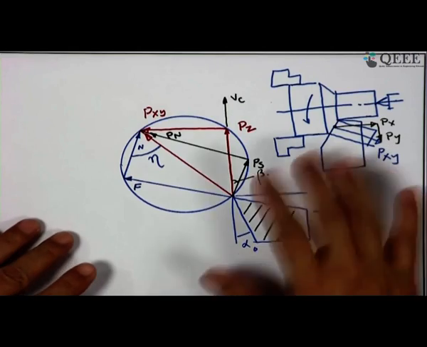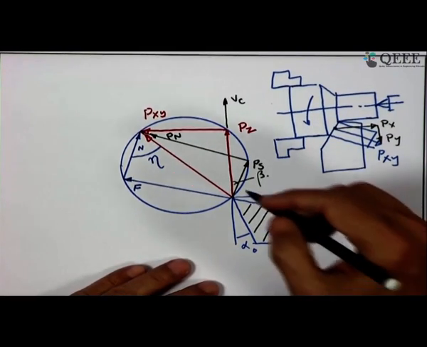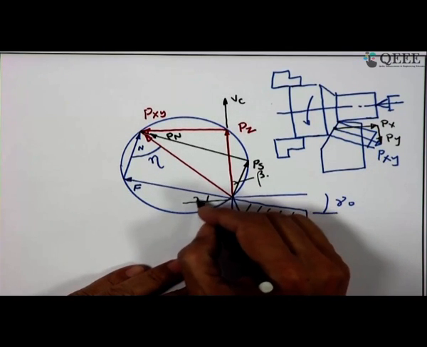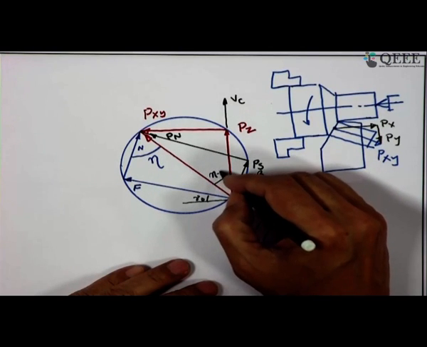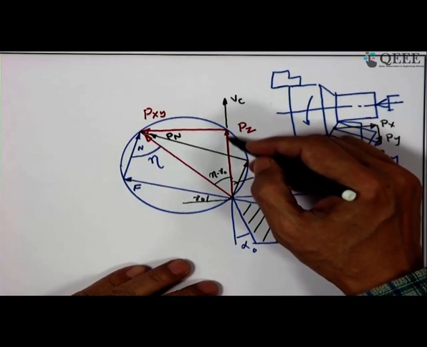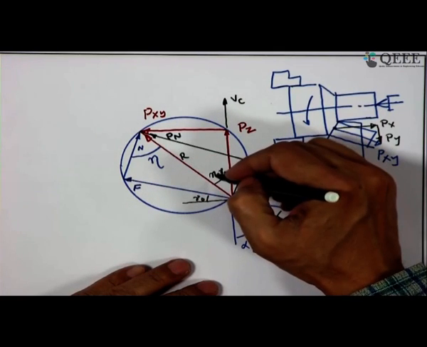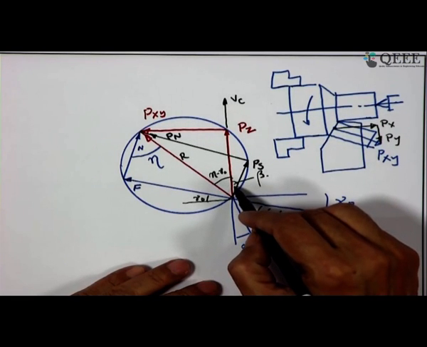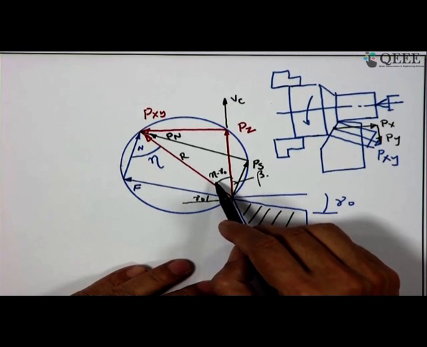So, friend, this is all about the Merchant circle diagram, and another thing I make here, this is gamma O. So, this is just for you to note. This angle will be eta minus gamma O, this included angle. That means the angle between the direction of Pz and the resultant R is eta minus gamma O. So, I have shown what is meant by beta, what is meant by eta, what is meant by eta minus gamma.